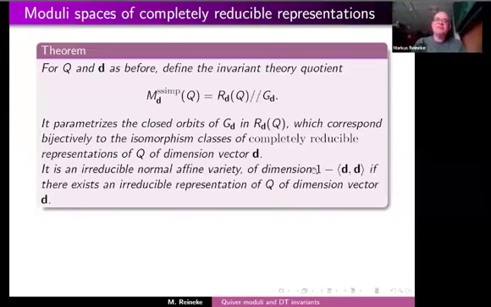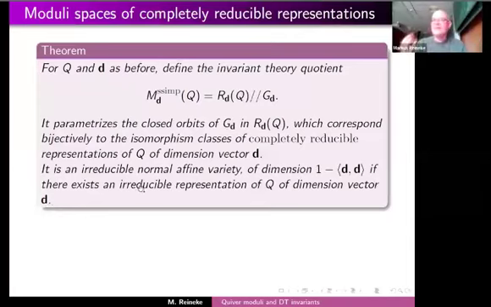Generically, I know the dimension of the space. Namely, the dimension is usually 1 minus the Euler form of d, d, in the case that there exists an irreducible representation of this dimension vector d. I will not discuss this condition of existence, but let me just say there is a purely numerical criterion in terms of the dimension vector and the graph structure of the quiver, which tells you whether you have an irreducible representation or not.